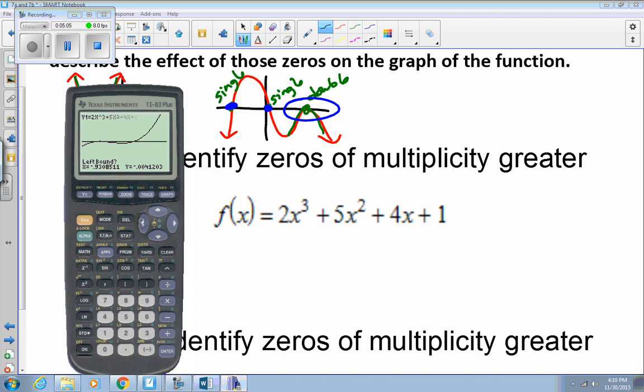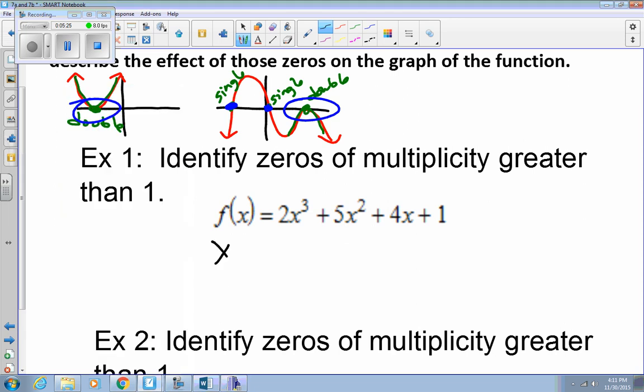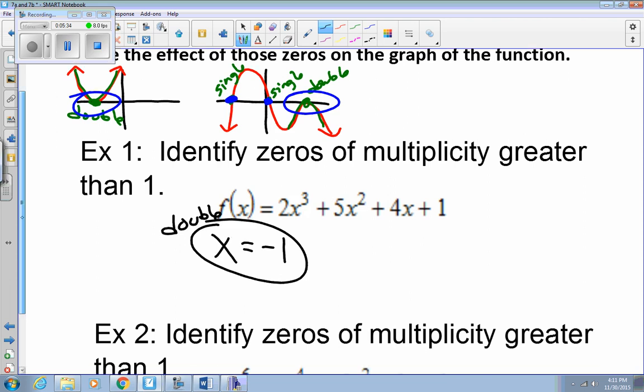Go left a bit, enter, right bound, go to the right of the x-intercept, enter, and just hit enter again, and this x-intercept is at -1. So that is the double. We would count it twice if we were writing out all of the x-intercepts.